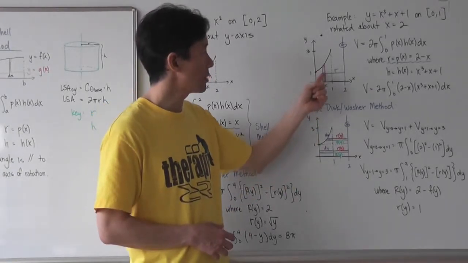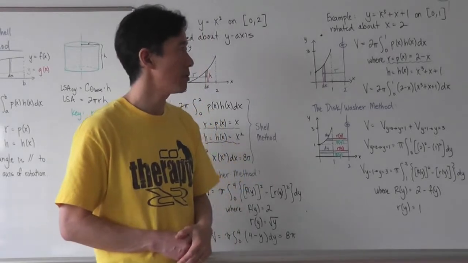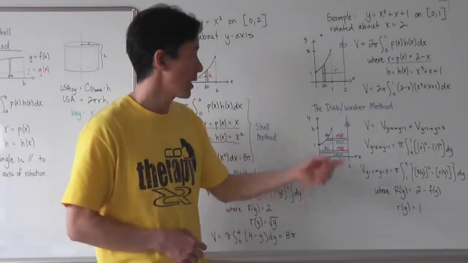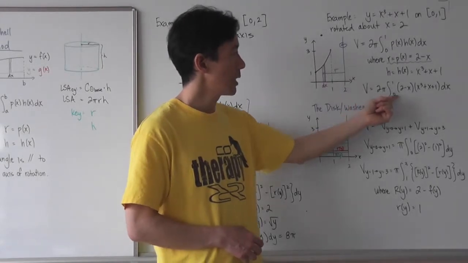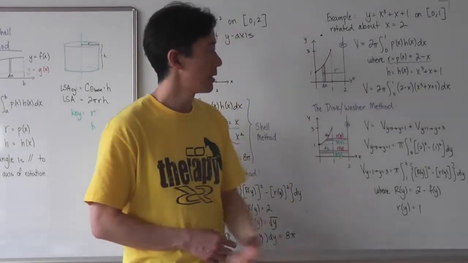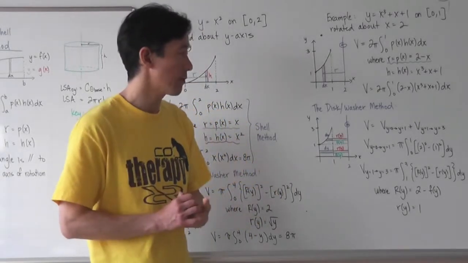Now the height is just very simply the function itself, which is x cubed plus x plus 1. And so if you wanted to take a look at what that integral would look like, it would look exactly like that. Now again, you can do that calculation if you wish.